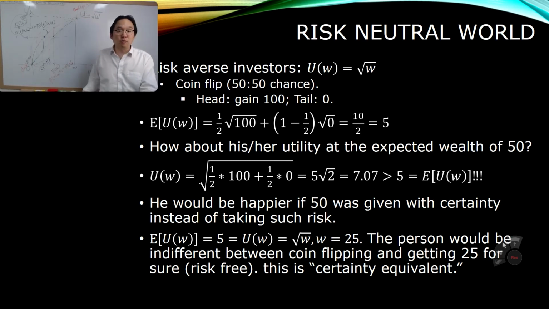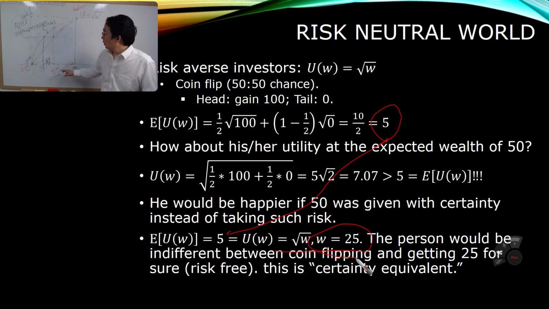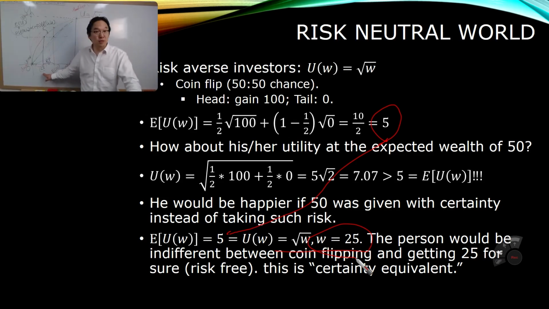You know, this 5 was the expected utility of this coin flipping gamble, right? And then this one, 25 is given risk-free for sure. Then he would be equally happy, indifferent between coin flipping versus taking that money risk-free. So this is the certainty equivalent.